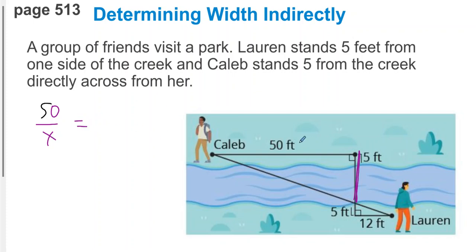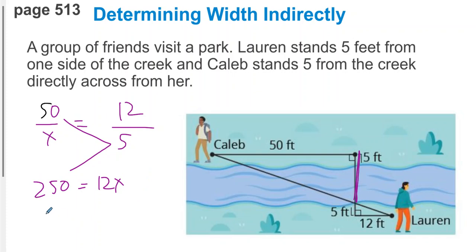And then 50 relates to 12, and then this short leg is 5, and that would relate to this purple one. So in this case, since x is on the denominator, I will cross multiply, get 250 equals 12x. Divide 250 by 12, and I get 20.8 equals x.